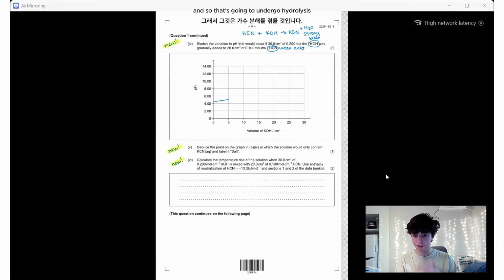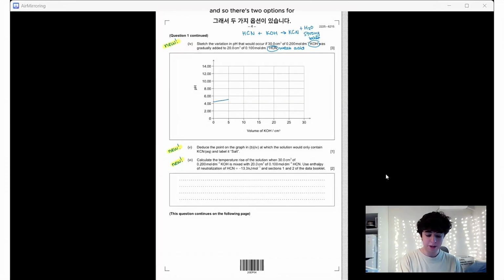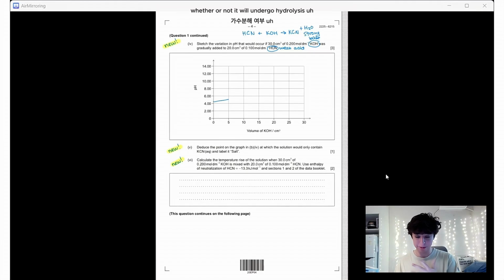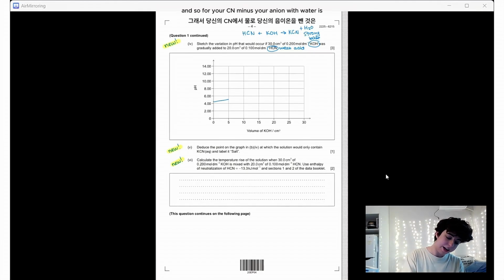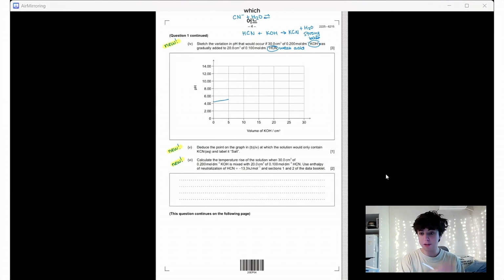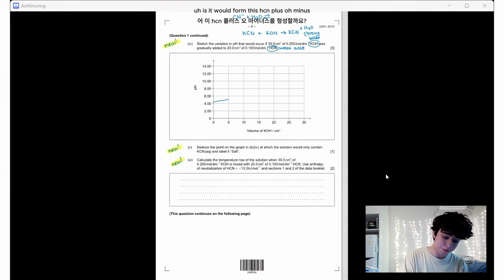And so that's going to undergo hydrolysis. There are two options, you have to see the cation and the anion, whether or not they will undergo hydrolysis. For your CN minus, your anion, with water, all of these hydrolyses are going to be equilibria, it would form HCN plus OH minus.